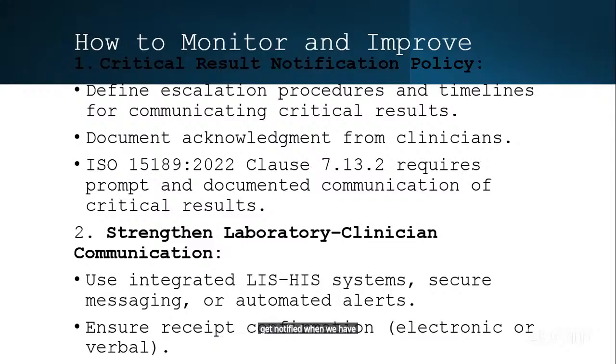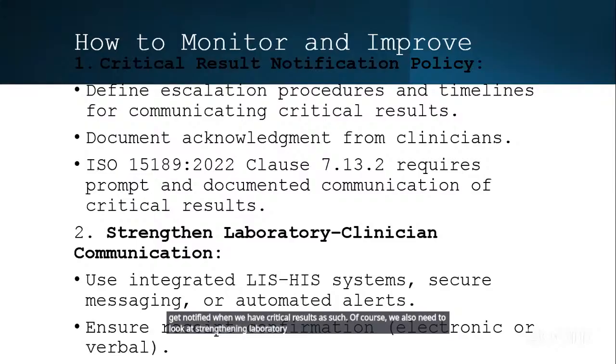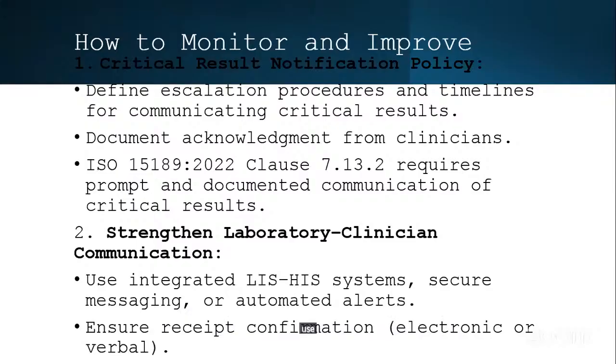Of course, we also need to look at strengthening laboratory and clinician communication. Use integrated LIS, HIS systems, secure messaging, or automated alerts. Ensure receipt confirmation, electronic or verbal.